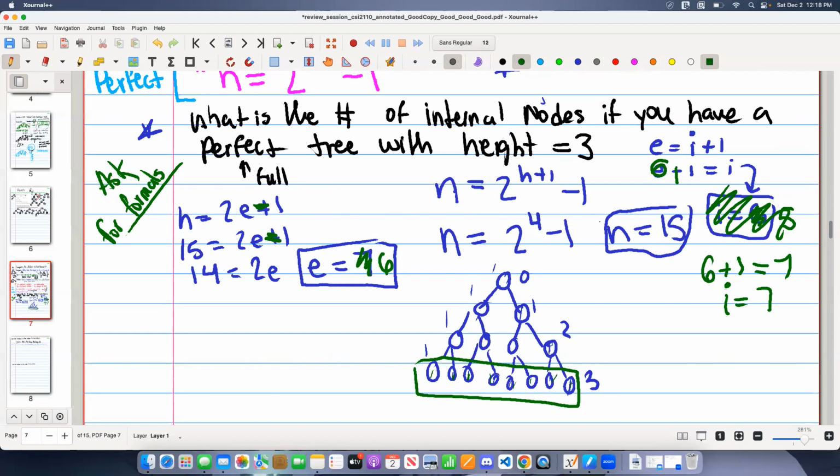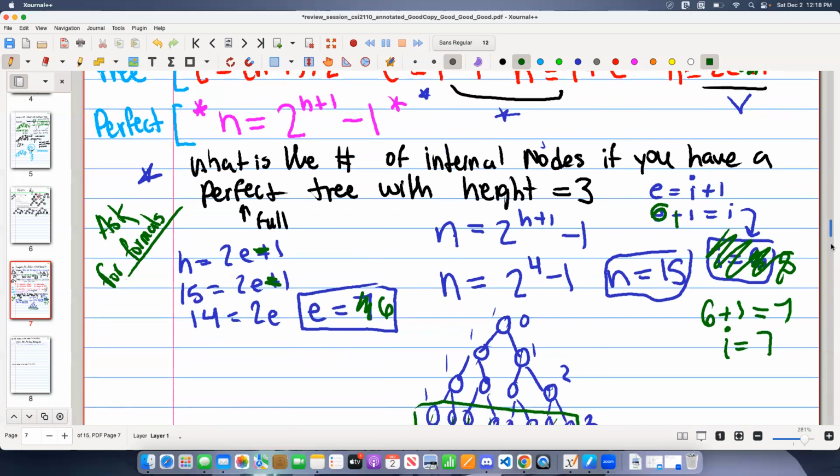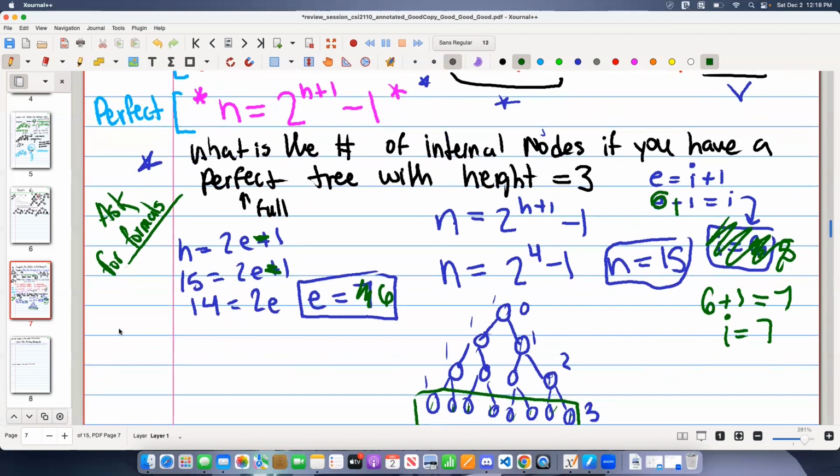Oh, wait. Okay, give me a second. This is E equals I plus 1. This is N is equal to 2E minus 1, right? That was the thing in my notes.